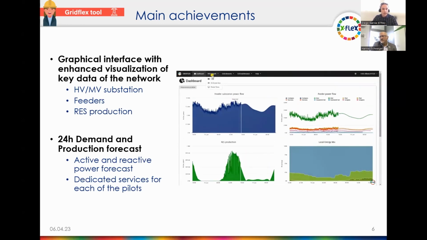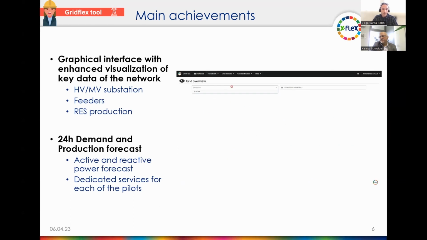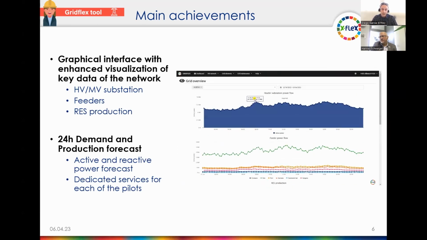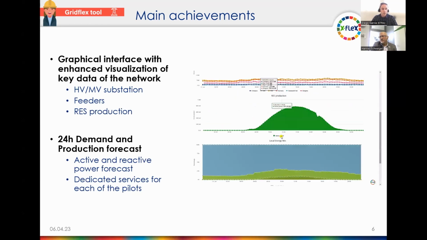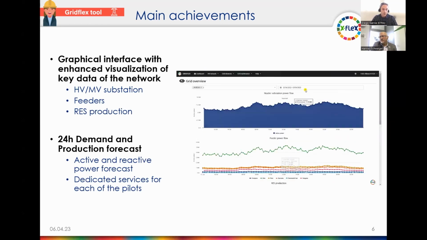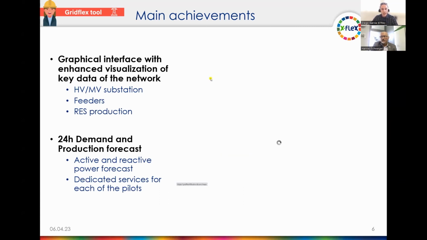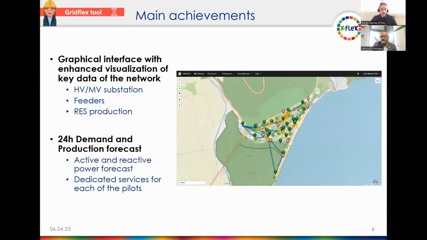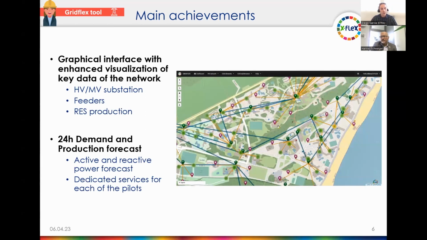So the high to medium voltage substation in each of the lines of the network, information, so the power in the feeders, the total production in the network. We also have developed some algorithms for 24-hour demand and production forecast for active and reactive power.